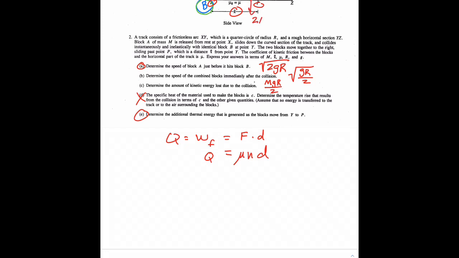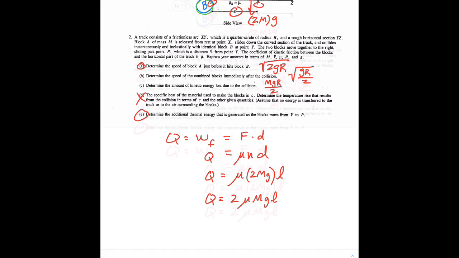This would be not just mg, but 2mg, since the two blocks are stuck together. So the amount of heat is equal to mu times normal force, which is 2mg, and times a distance of L. So there we have it. Q equals 2 mu capital mg L.